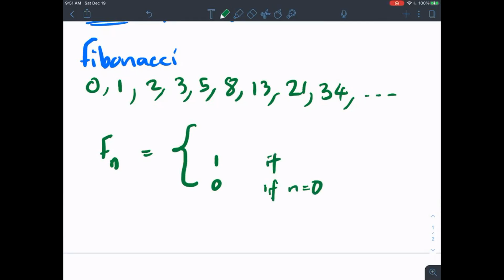If n is equal to 1, you get 1. But if n is greater than 1, you're just returning the result of calling f of n minus 1 plus f of n minus 2. So this simple rule allows us to compute the Fibonacci sequence by just having a given number.